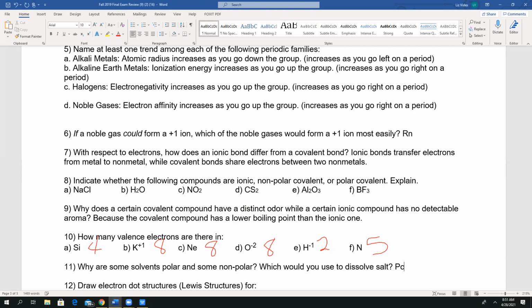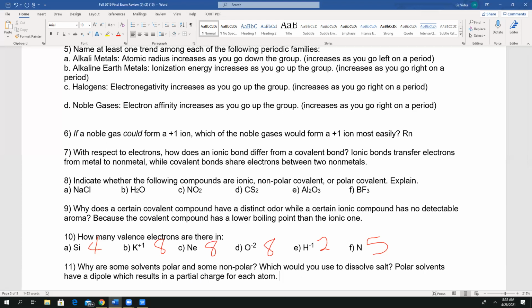Polar solvents have a dipole, which results in a partial charge for each atom. Okay. All right.